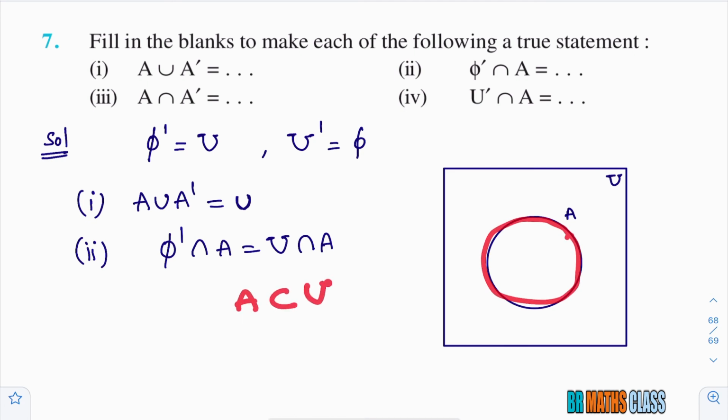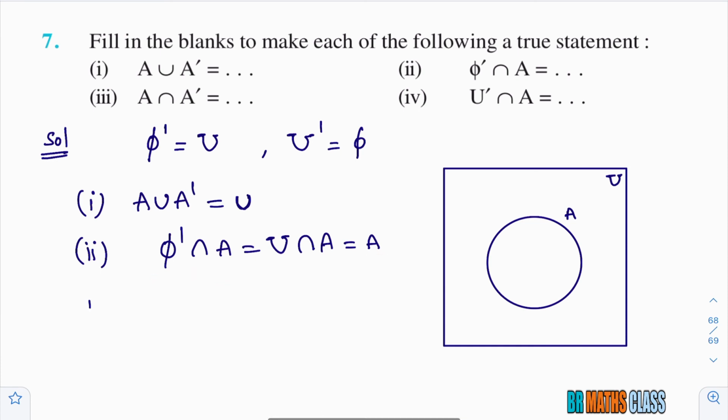When A is a subset of the universal set, A union universal set is the universal set, and A intersection universal set is A. You will get the smaller set. When you do intersection, you will get A only, because all the elements present in A are present in the universal set. So empty set complement intersection A is A.